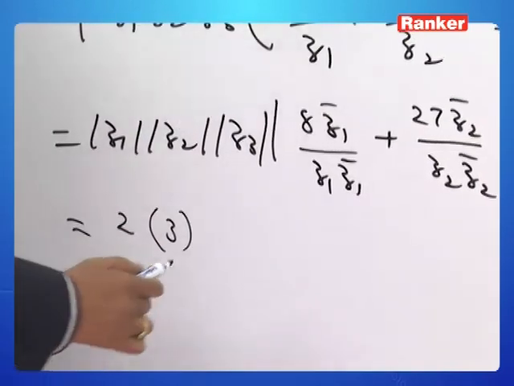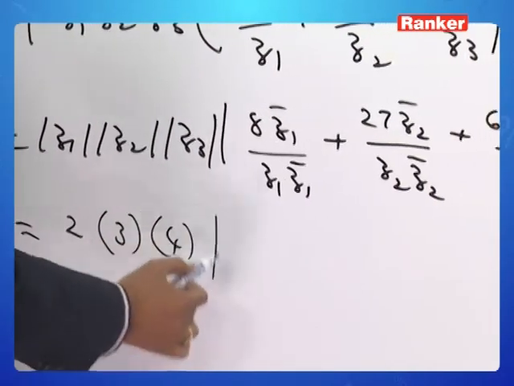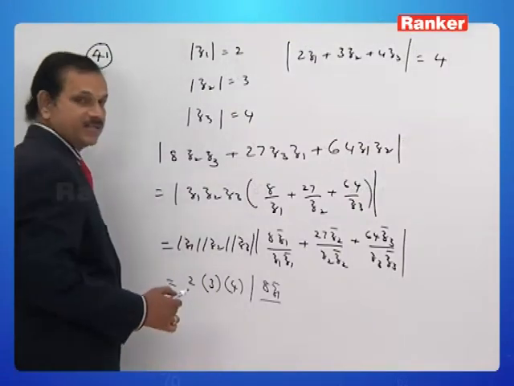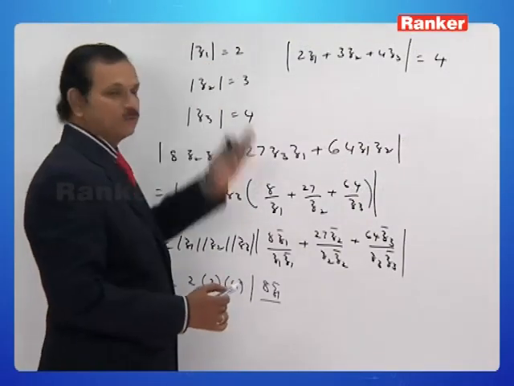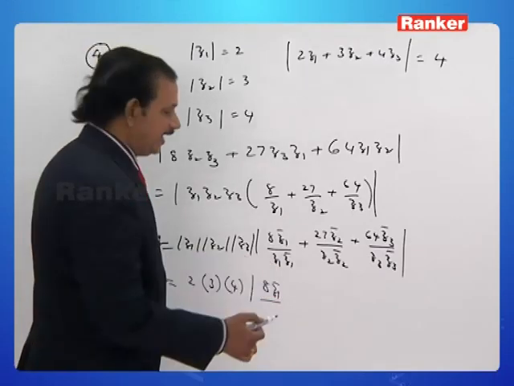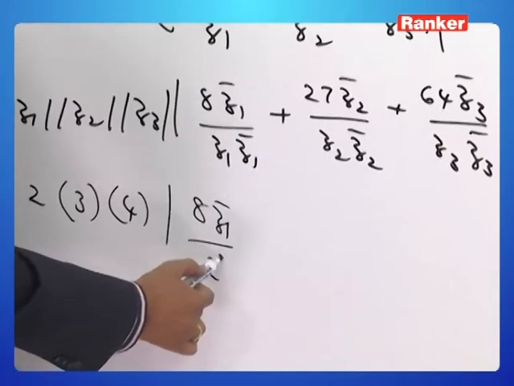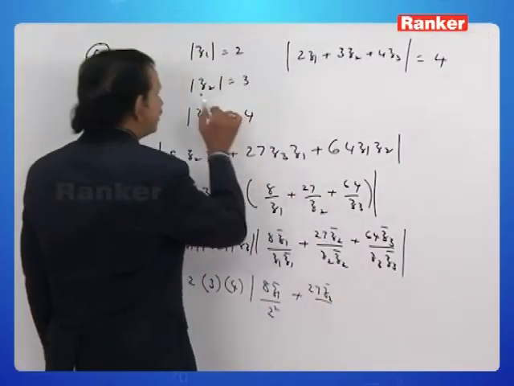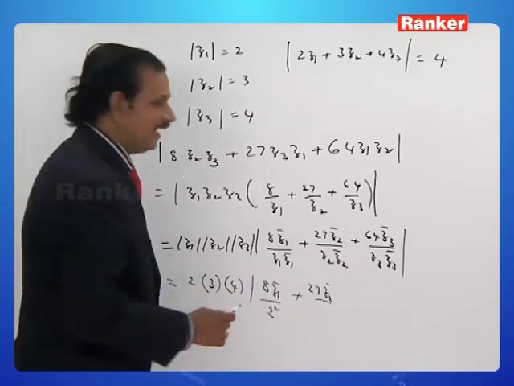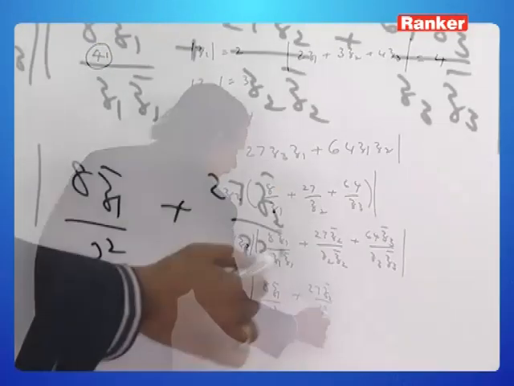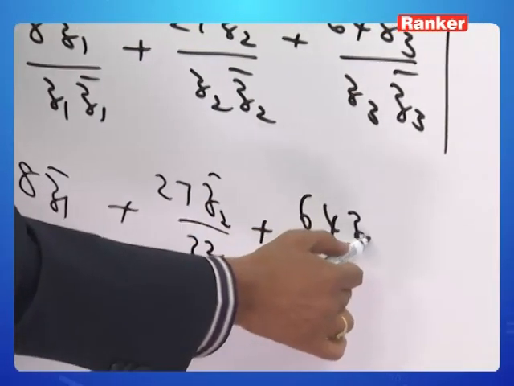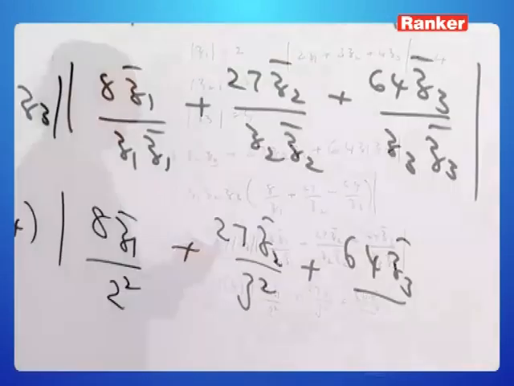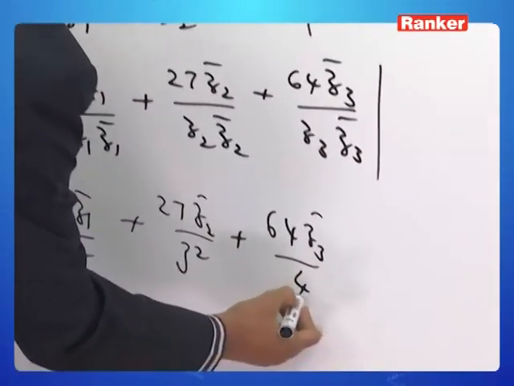What is mod Z3? 4, into mod of 8Z1 bar by mod Z1 square, which is 2 square, plus 27Z2 bar by mod Z2 square, which is 3 square, plus 64Z3 bar by mod Z3 whole square. What is mod Z3? 4. So it is 4 square.